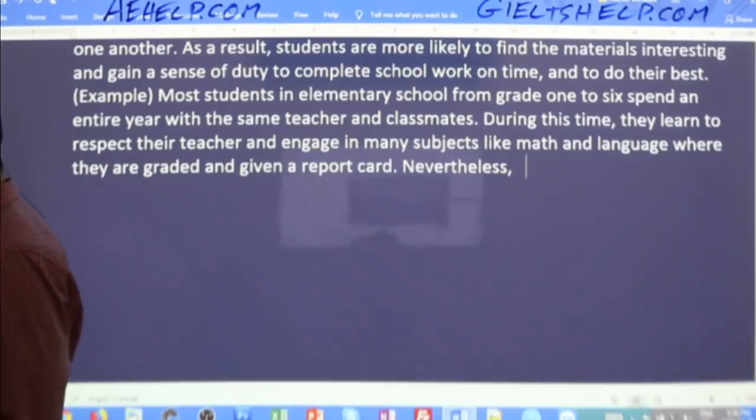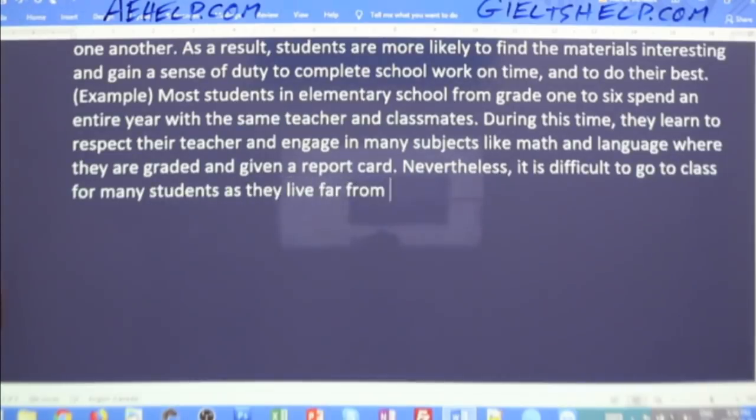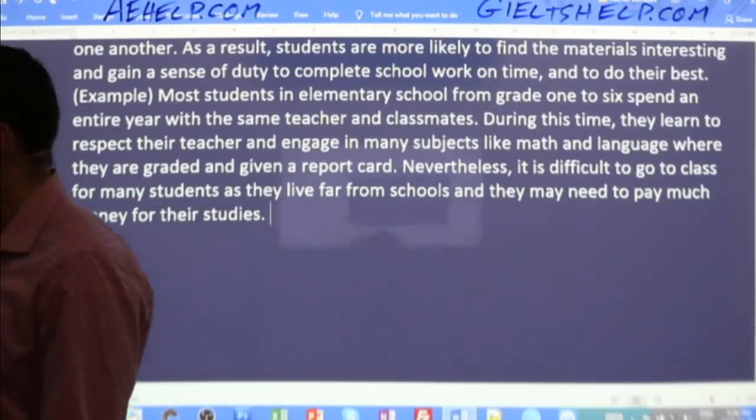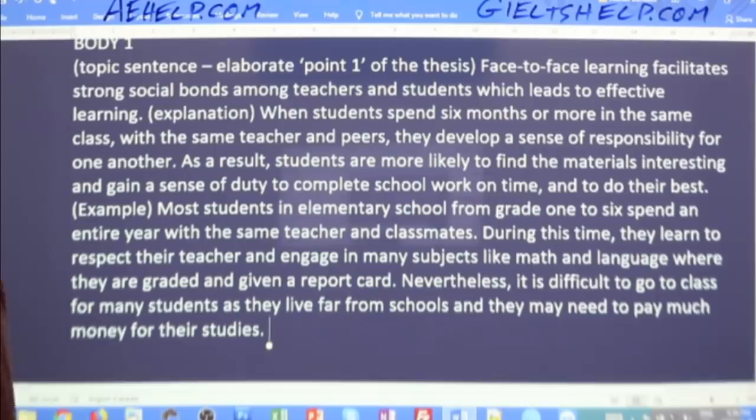All right, so nevertheless, it is difficult to go to class for many students as they live far from schools and they may need to pay much money for their studies. Okay, so you don't want to drag it out. Remember, it's minimum 250 words and you have 40 minutes. So you have to be careful not to write too much information and drag it out.